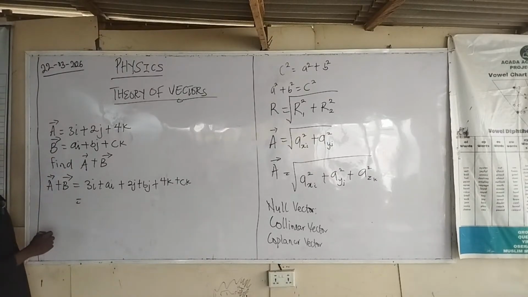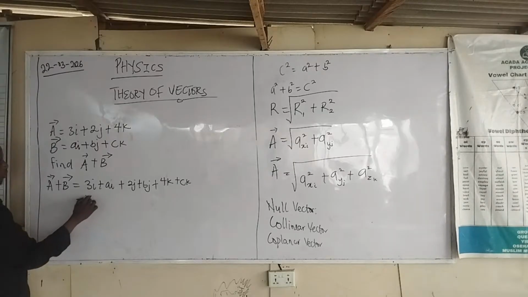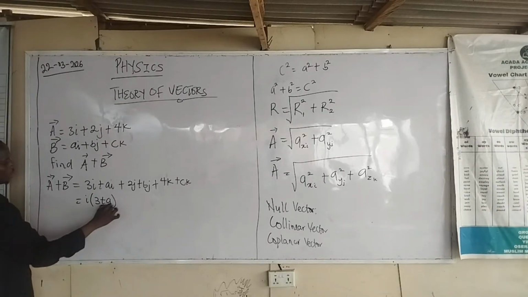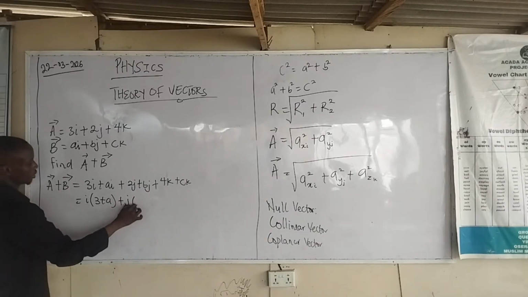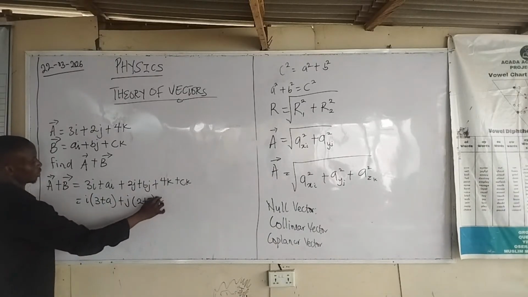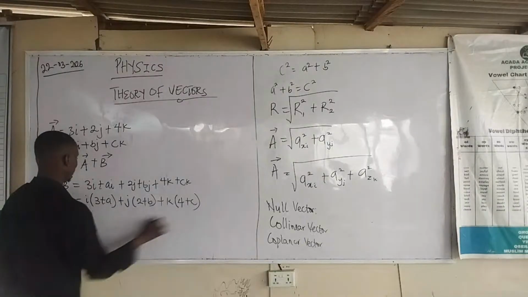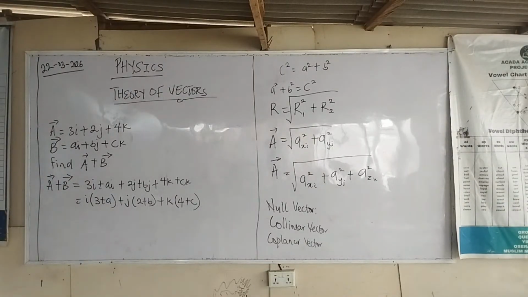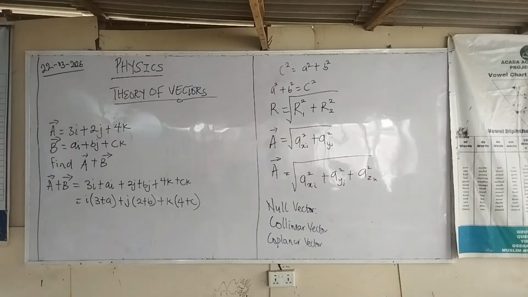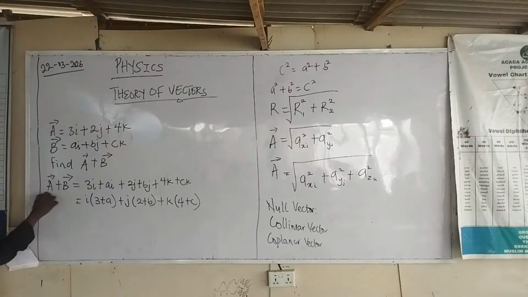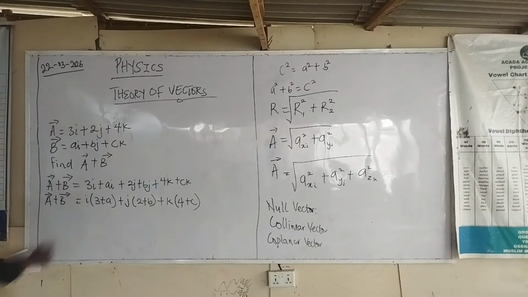So now we bring out the component i: 3 plus a, j: 2 plus b, and k: 4 plus c. So this is the addition of the components. A plus B will give us this.